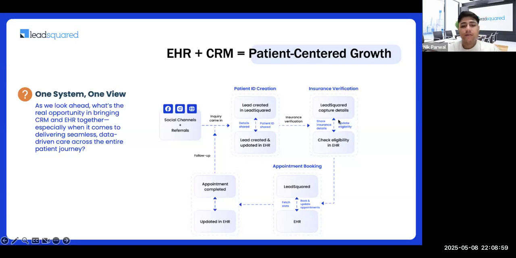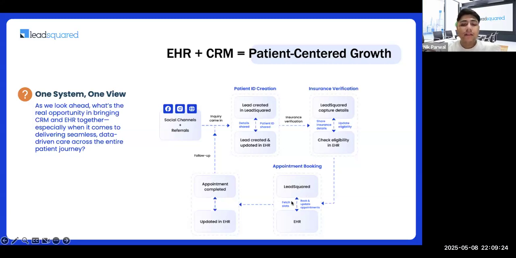You mentioned P-Verify, which is one tool that we use internally to provide an AI-driven eligibility and verification of benefits. We're able to run that query inside LeadSquared as part of the workflow, and then push that information into the EHR as well, which then takes the patient journey to the next step, which is getting the appointments booked, right?